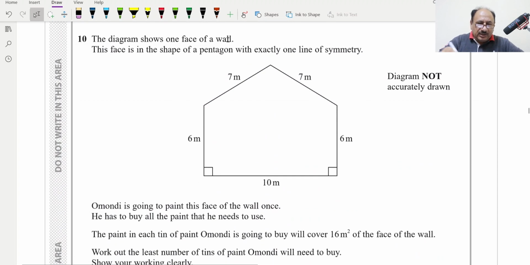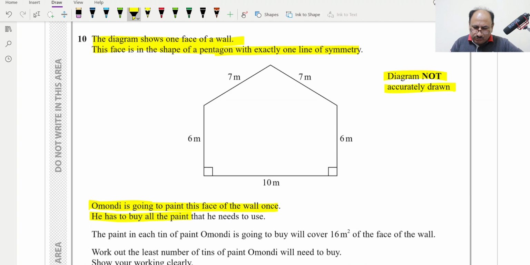Now question number 10. Question number 10 says the diagram shows one face of a wall. The face is in the shape of a pentagon with exactly one line of symmetry, and the diagram is not accurately drawn. Omondi is going to paint this face of the wall.